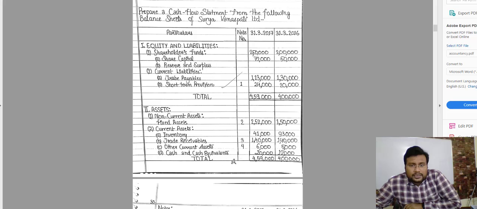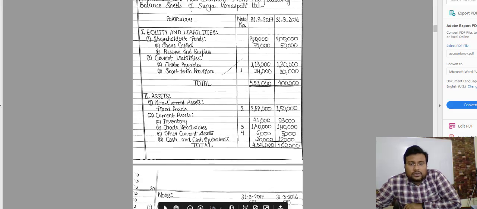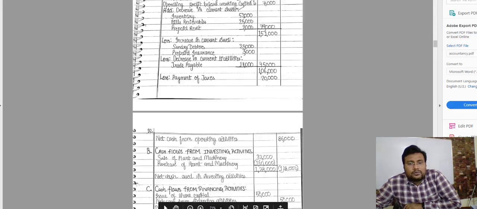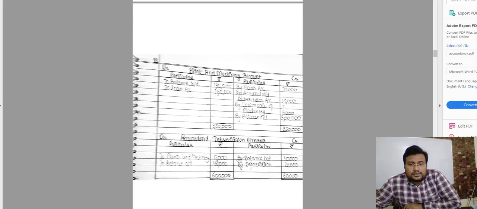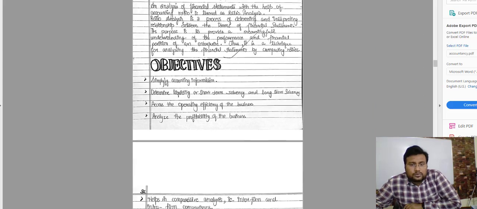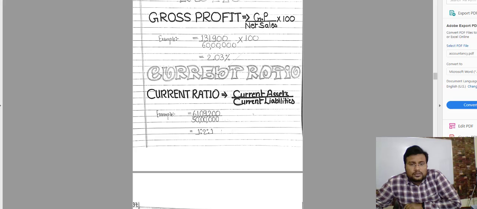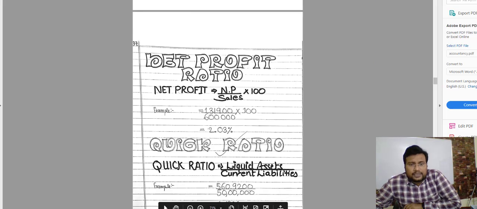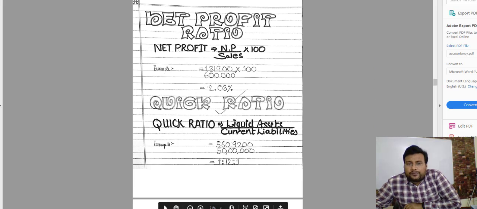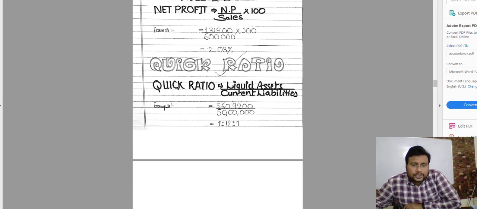Whatever your total current assets is, you will add that. And whatever your current liability is, you will add that. With the help of that only, you will calculate the current ratio. Similarly, you will calculate the net profit ratio and the quick ratio.